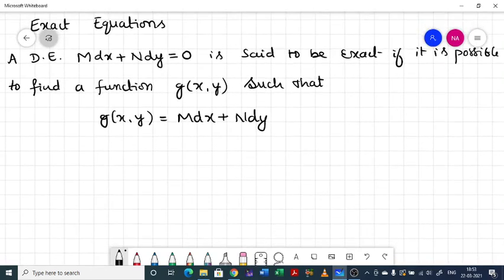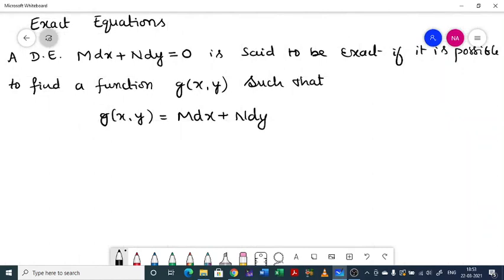So a differential equation generally of the form m dx plus n dy equal to 0 is said to be exact differential equation if it is always possible to find a function g of x comma y such that g of x comma y equal to m dx plus n dy. Such equations are called exact differential equations.